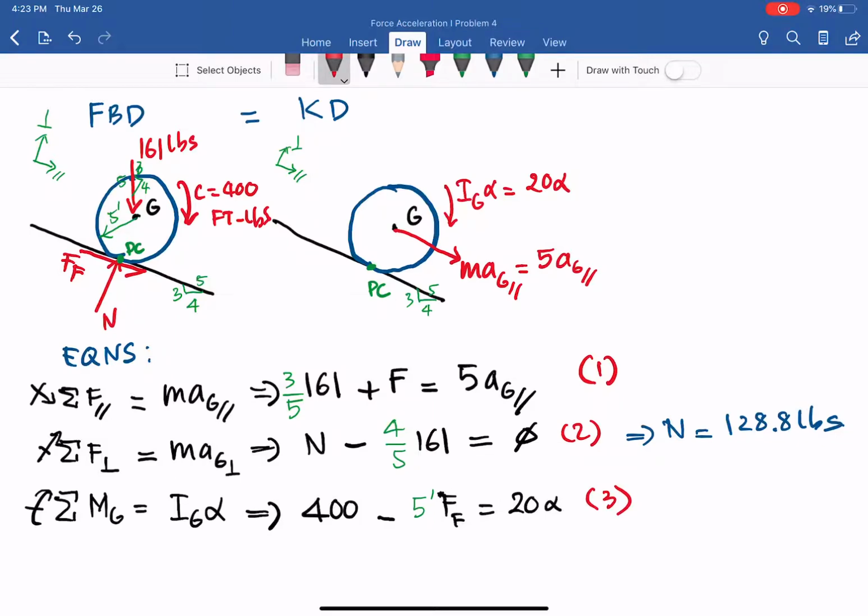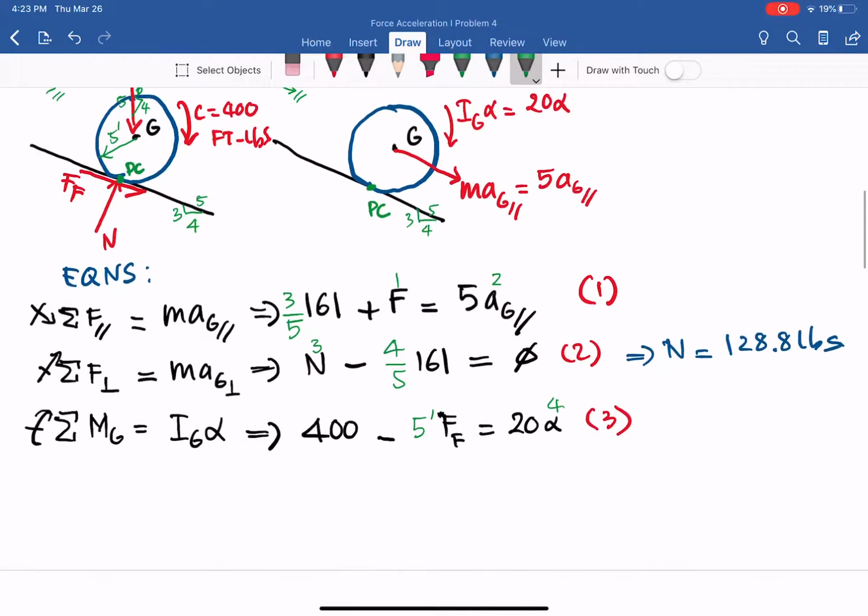So let's see, what do you have? We have 3 equations. How many unknowns? 1, 2, 3. Of course we already found N, but if we count the 3 equations, then we count unknown N, and then 4. So as you can see, you have 4 unknowns and 3 equations.